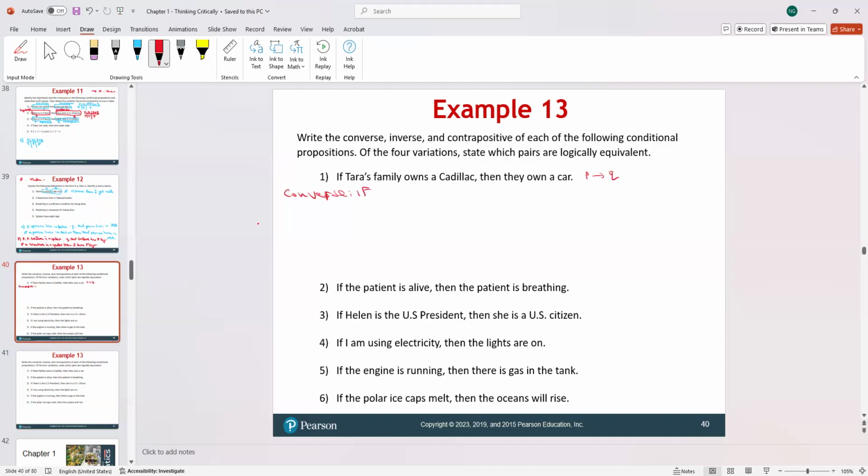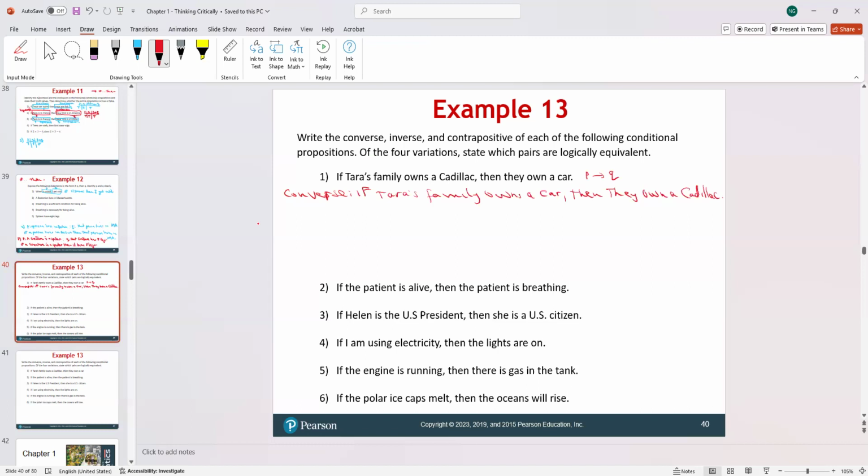If Tara's family owns a car, then they own a Cadillac, which is maybe true, all right?